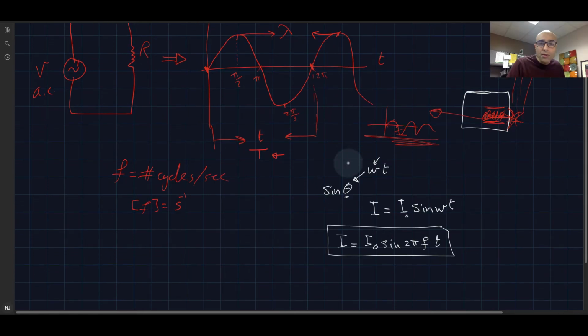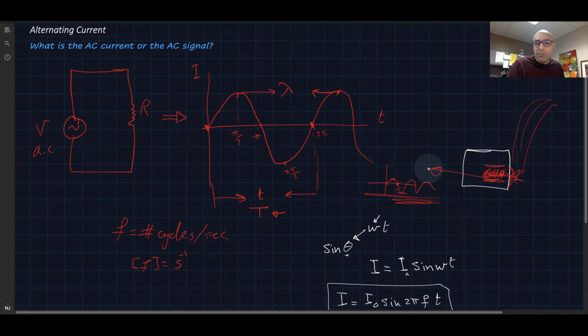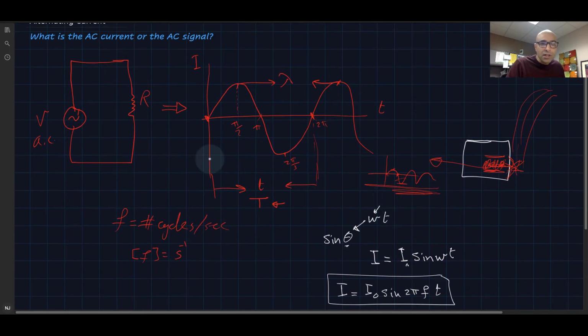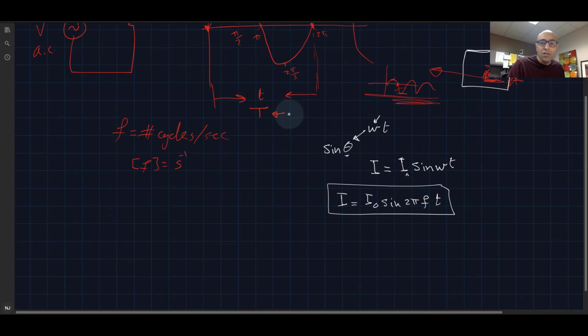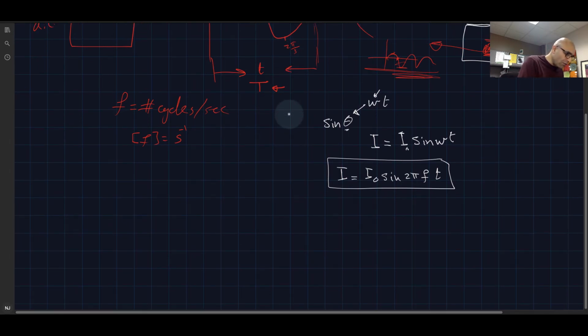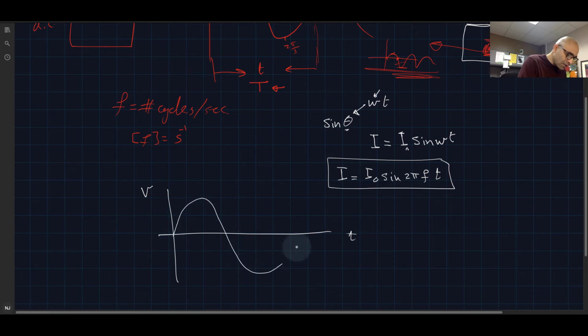Now the same thing exactly applies to the voltage signal. Since the current goes up and down, the voltage imitates the motion of the current. If I want to draw the voltage, this would be V and this would be T, and the voltage would exactly imitate the same form as the current.